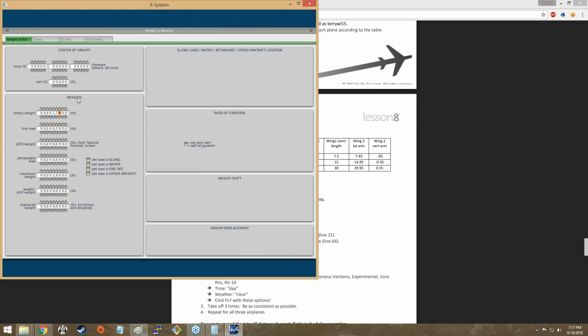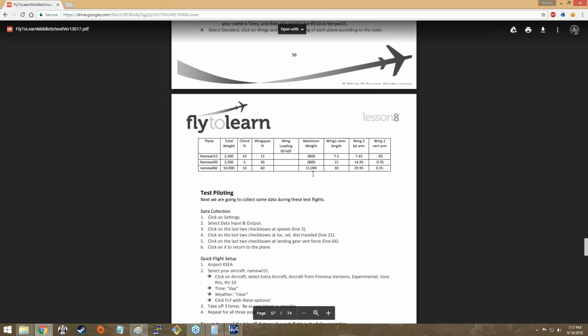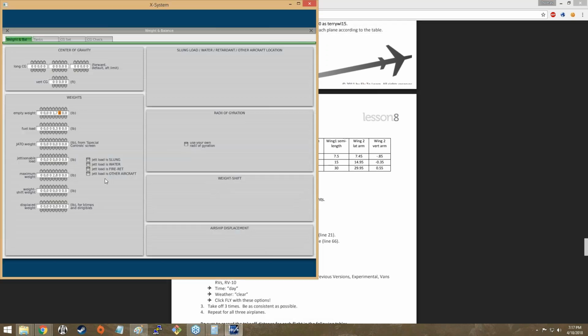And then finally on the last one, the WL60, you want to change the maximum weight to 11,000 instead of 2,800. And then you'll want to change, so 380 pounds, so this is going to become 9,620.